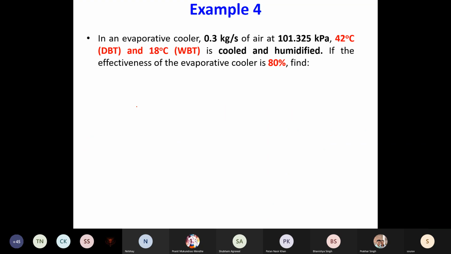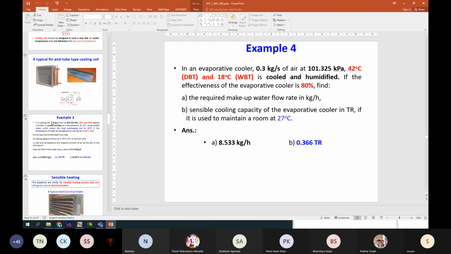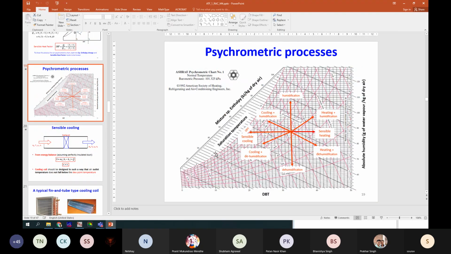Okay, so the maximum temperature difference is 24, and this desert cooler is giving you only 80% of that. So just check what is that value, and it will come now to be 19.2 degree. Subtract from 42. So that is your exit temperature, 23 degrees.